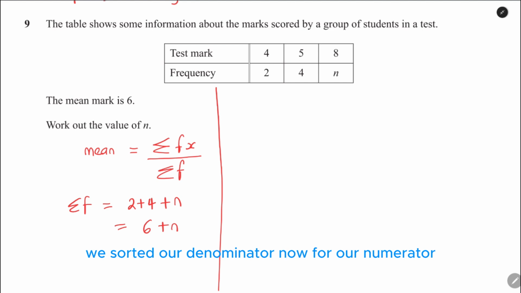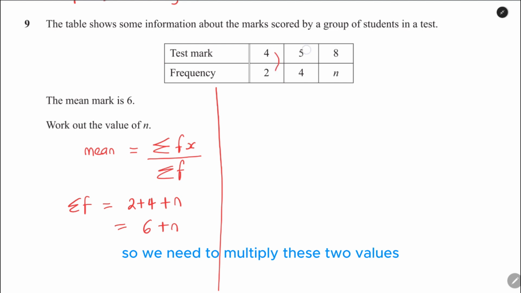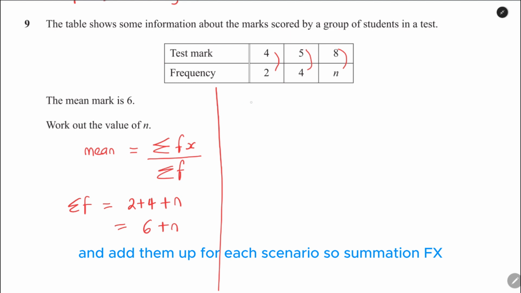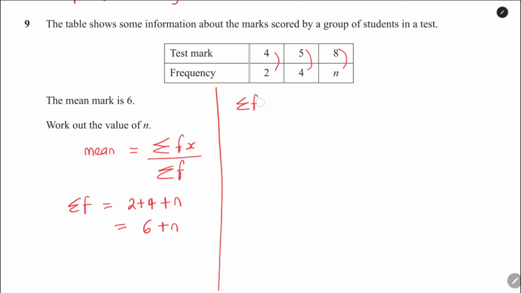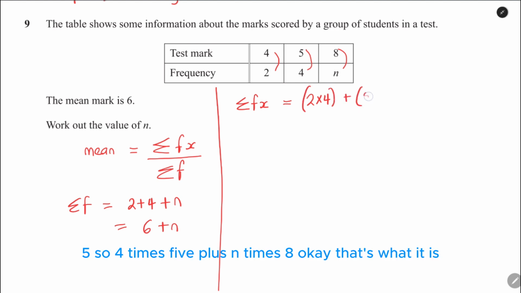Now for our numerator. Remember we said it is summation fx. So we need to multiply these two values and add them up for each scenario. So summation fx will be given by 2 times 4 plus 4 times 5 plus n times 8.